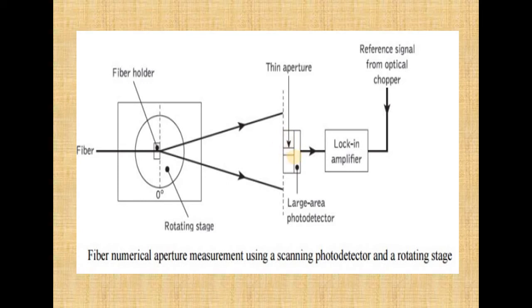The maximum acceptance angle is obtained when the power drops to 5% of the maximum intensity. The lock-in amplifier amplifies only the component of the signal that matches the reference signal.